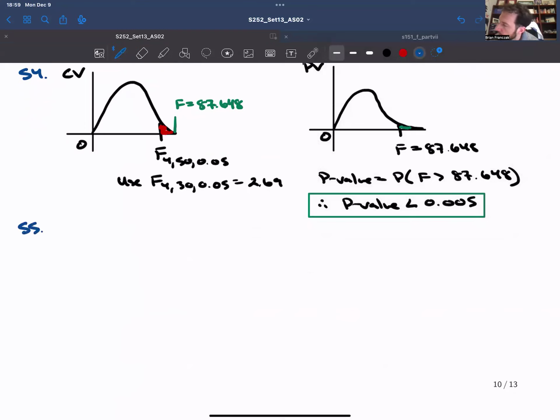right? So we have overwhelming evidence in this case, so we can reject H0.